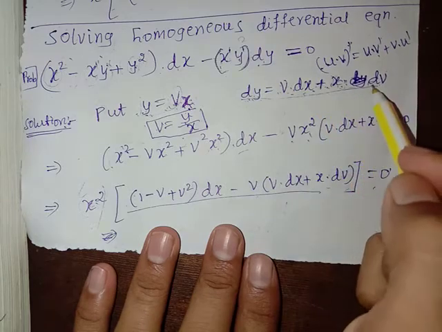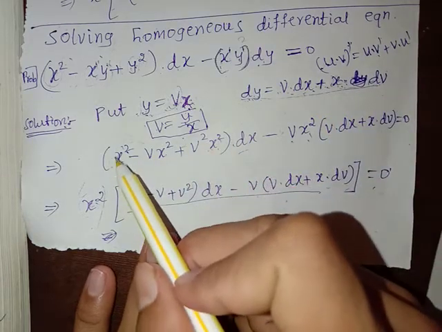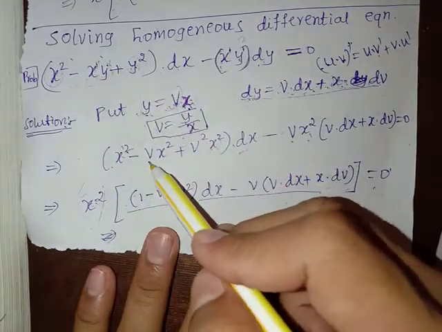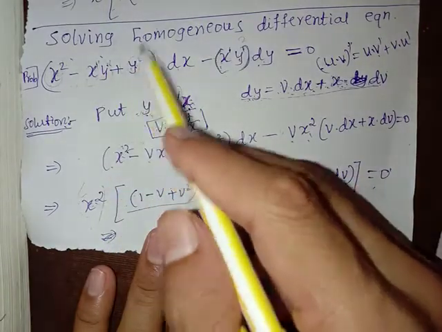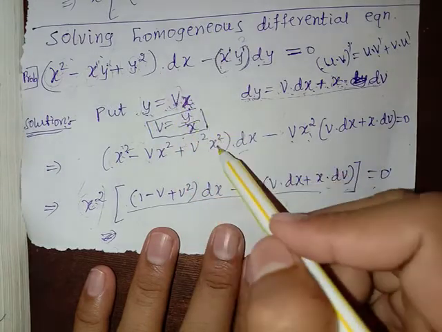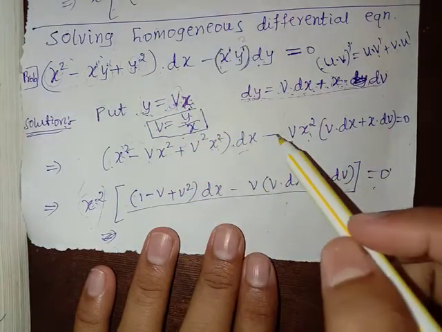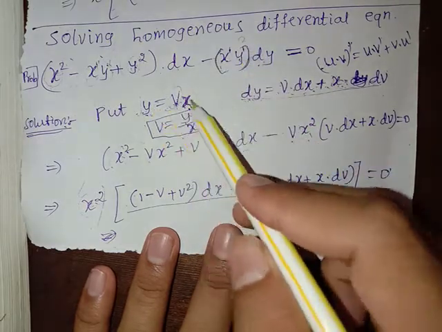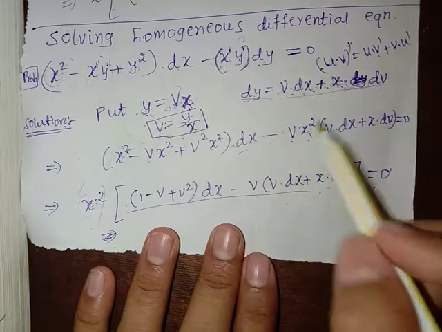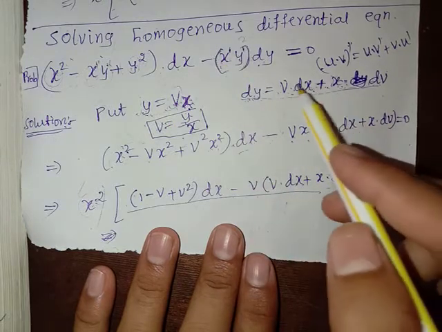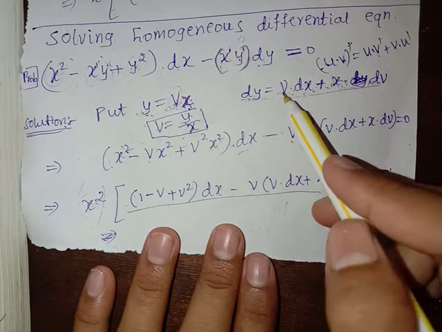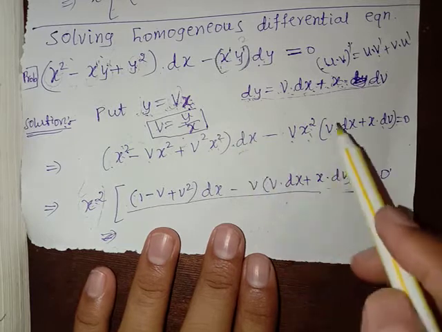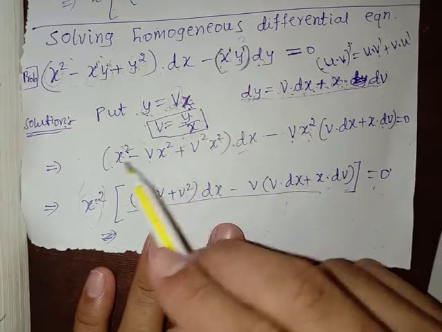If we put it, then we get x square minus x into y, meaning x into vx, that is vx square, plus y square, meaning v square x square, so v square x square into dx, minus xy, meaning y is vx into x is vx square, into v dx plus x dv in the place of dy, that is equal to 0.